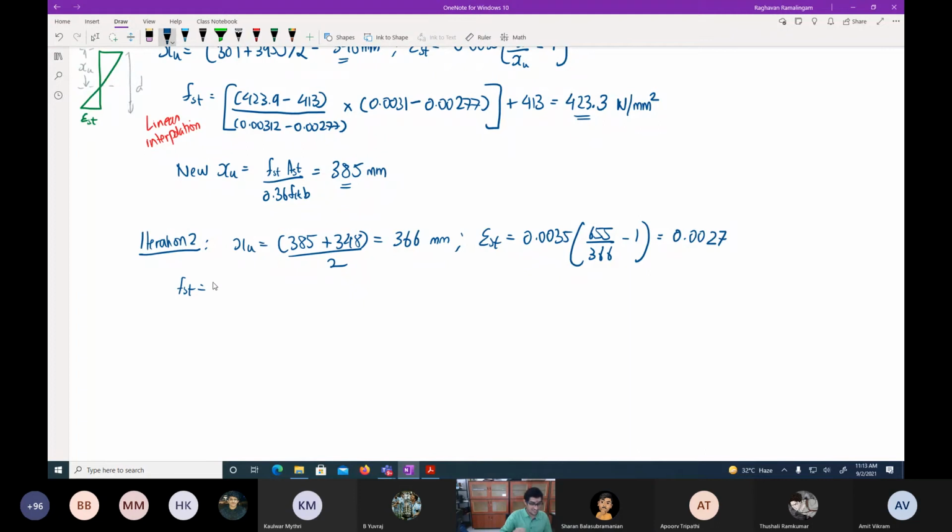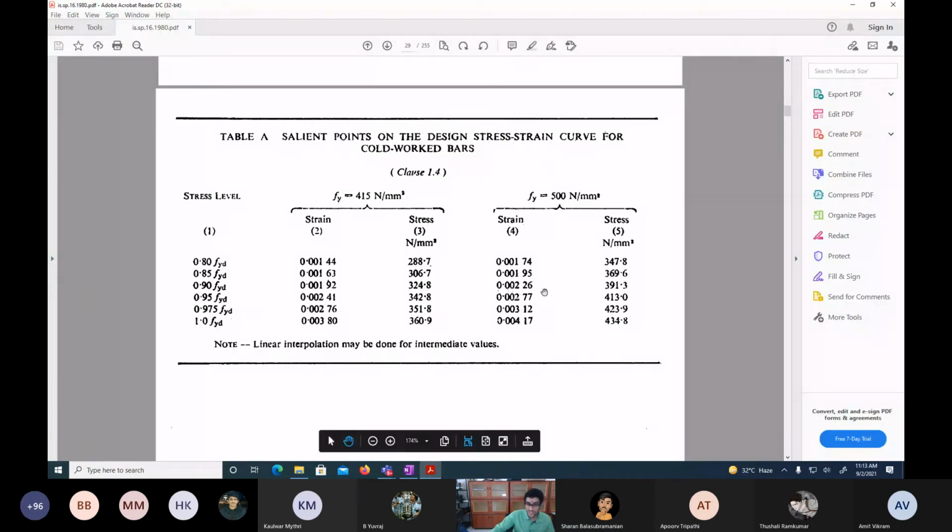Okay, fine. So now going back to the table to see what we need to take. We need to take the previous two. We have to interpolate between this and this.